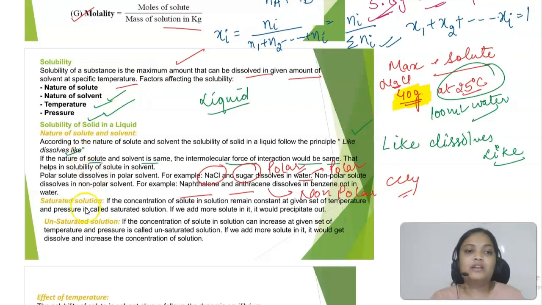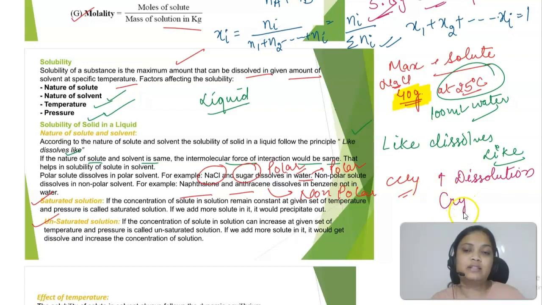Now you know about these terms, saturated and unsaturated solution. When a solute is added to a solution, its concentration increases. This process is called dissolution. Otherwise, some solute particles collide with the solid solute particles and get separated out of the solution, which is called crystallization.